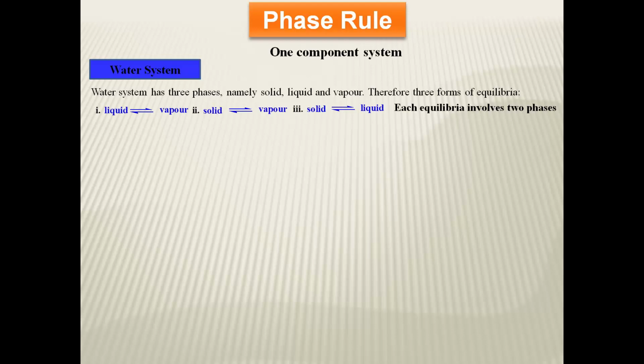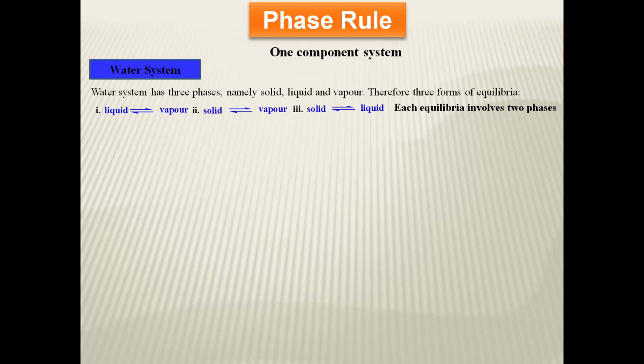And according to the three phases present, three equilibria are possible, that is liquid vapor, solid vapor and solid liquid. Now, what are the pressure temperature conditions under which these different equilibria can exist? All these answers are given by the phase diagrams.